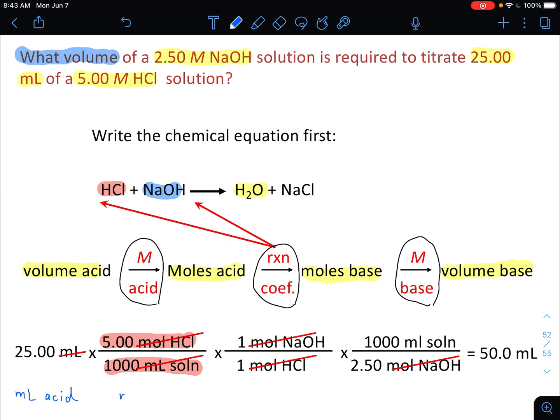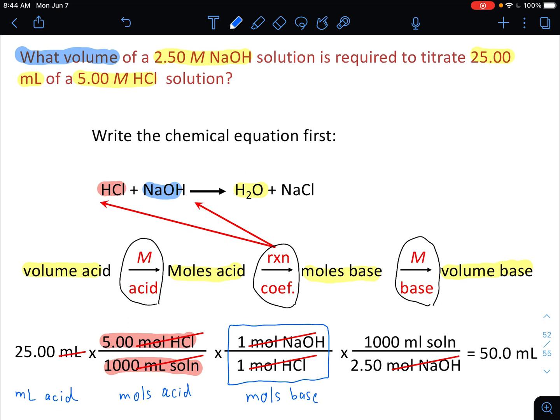So then here it gets me to moles of acid. Then the balanced equation tells me it's a monoprotic acid and what we call a monobasic base. It says every mole of HCl is reacting with 1 mole of sodium hydroxide. That's where the balanced equation is fitting in. So now I'm in moles of base.